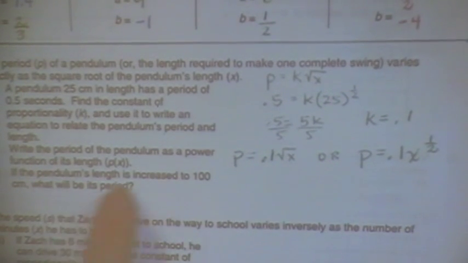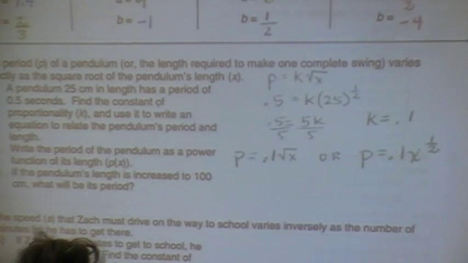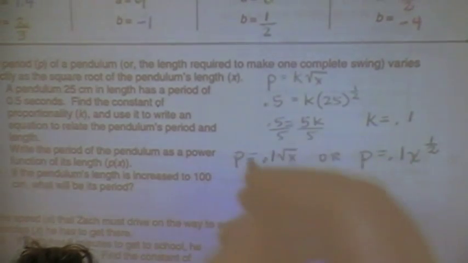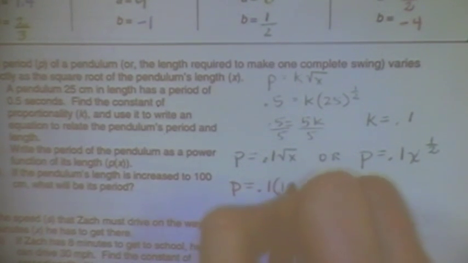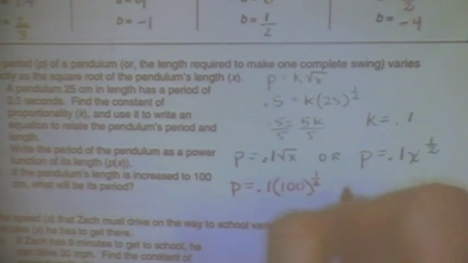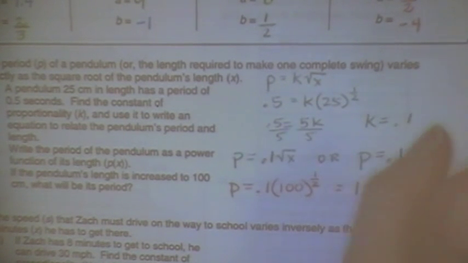And then you can plug in your new x value. When you plug it in your calculator, by the way, you don't have to use the square root; you can raise it to the 1/2 power and it does it just fine. So this would be P equals 0.1 times 100 to the 1/2 power, which equals 1 second.